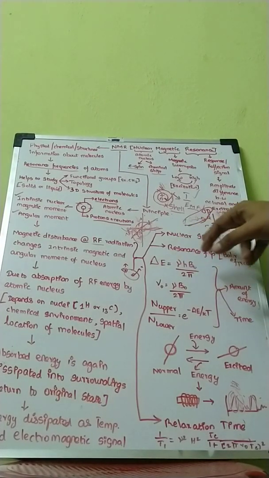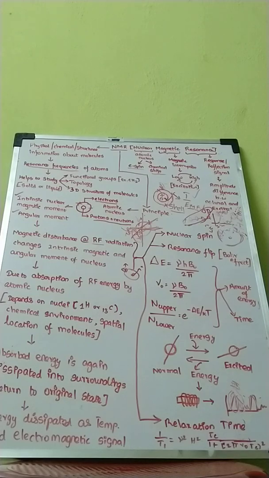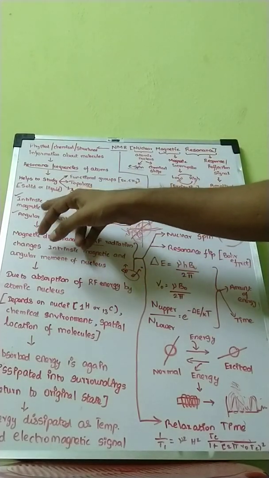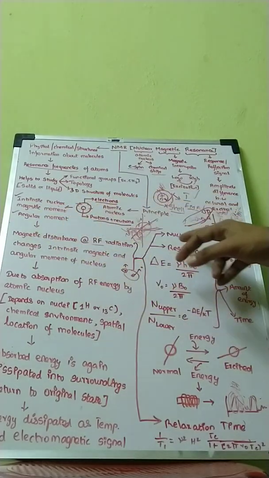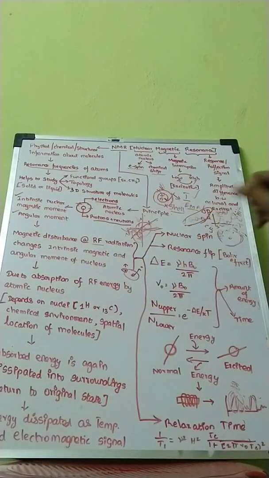First one, nuclear spin. I just now told you, I do not want to repeat it once again. You will be trying to find the change in the nuclear magnetic moment and angular momentum by studying the nuclear spin change. I have explained it already.